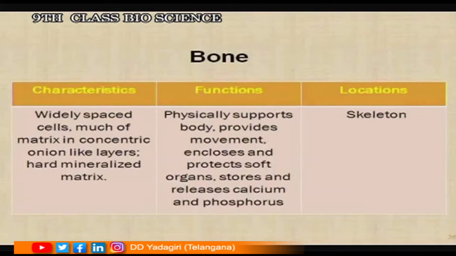The bone physically supports the body, provides movement, encloses and protects soft organs, and stores and releases the minerals calcium and phosphorus. And where do we find this bone in our body? We find it in our skeletal system.